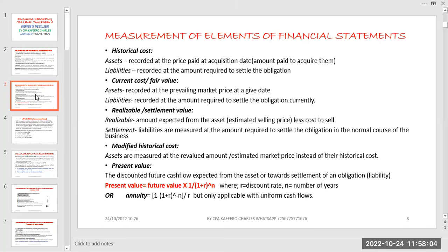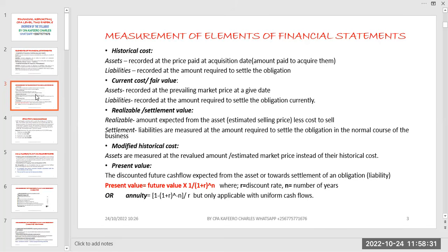So when we look at how our assets are measured using the historical cost, of course, when you're buying an asset, at that point when you have purchased it, if you have bought an asset of, let's say, 10 million, that 10 million is actually what we have, and that's the value that we are going to be taking in the balance sheet.